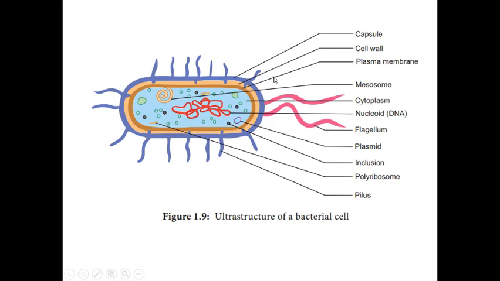And just below the plasma membrane, this plasma membrane invaginates centripetally, and this structure is known as a mesosome, right?